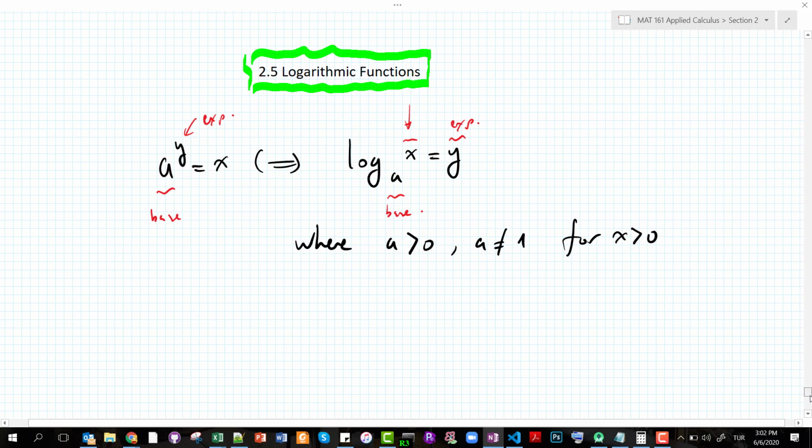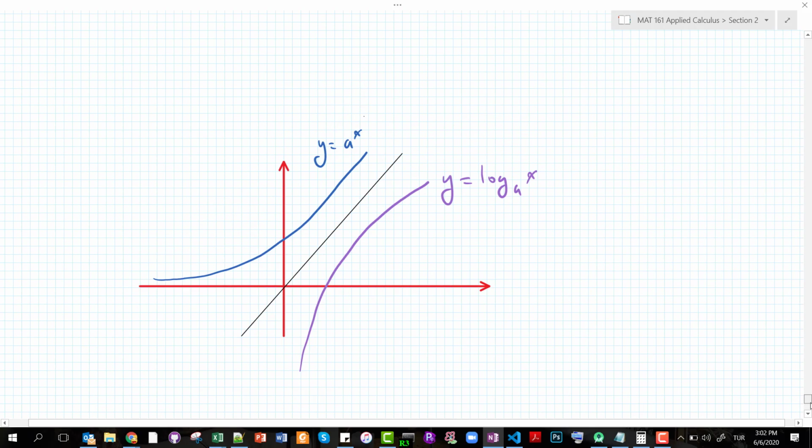Let's look at the graph of these two functions. This is the graph of your exponential function, you will remember, and that was 1. You may just check the 1, which will be the a here. If you look at the logarithm function, it is the inverse of y equals a to the x. It is really the inverse function of the exponential function, and this is my y equals x line.